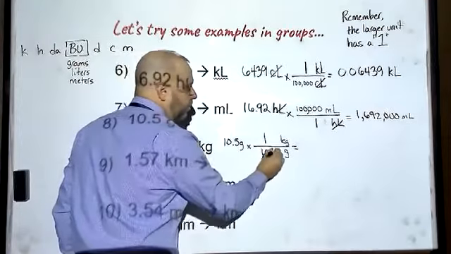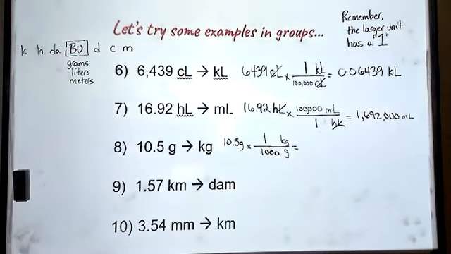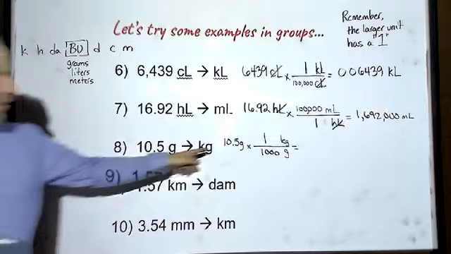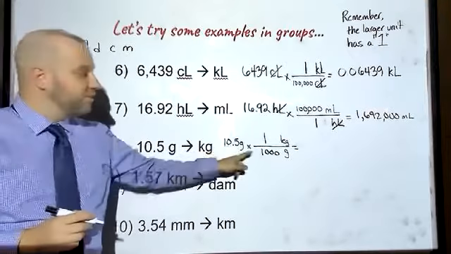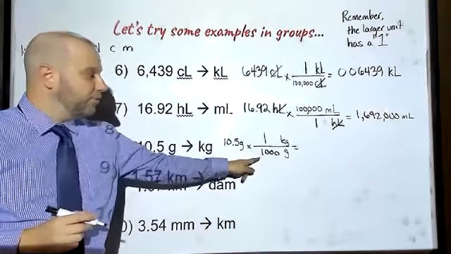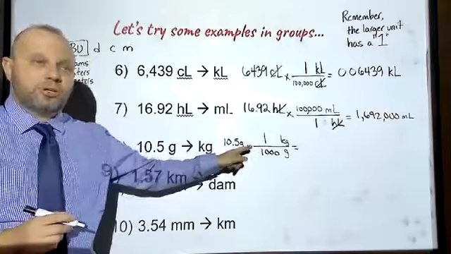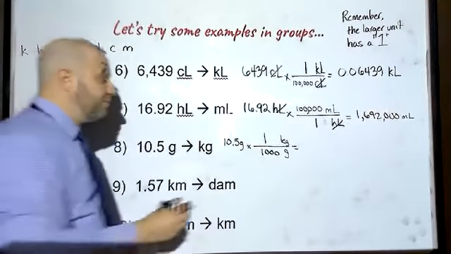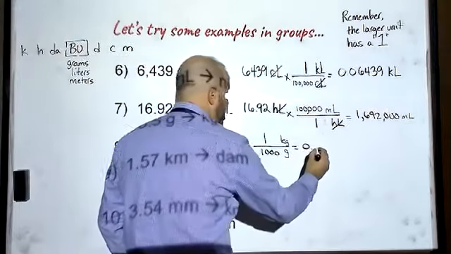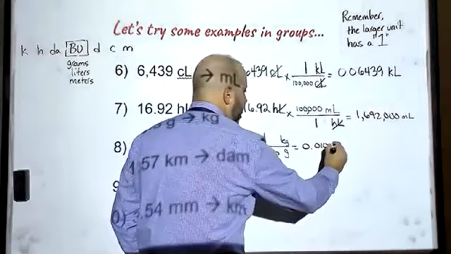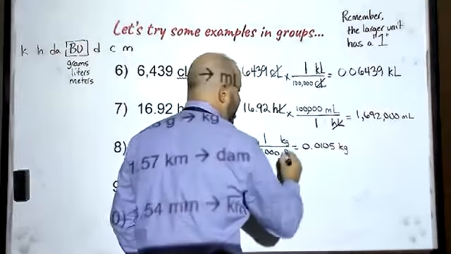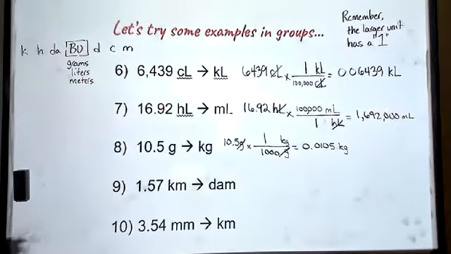So 1 with 3 zeros after it. In this case, 10.5 divided by 1,000, because if the number is on the bottom, you're going to divide. So we get 0.0105 kilograms. Those grams will cancel out.